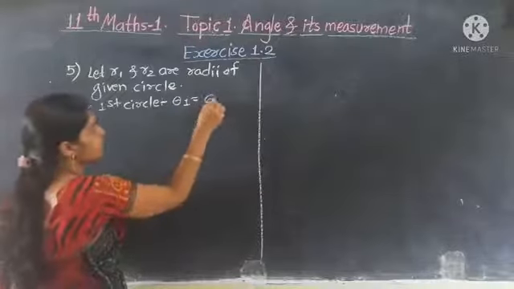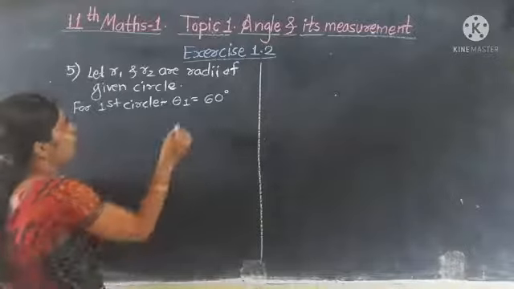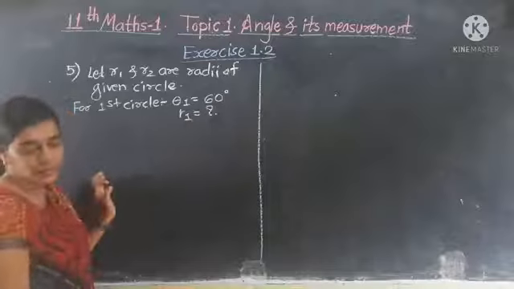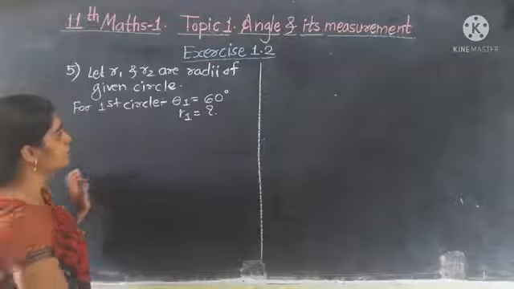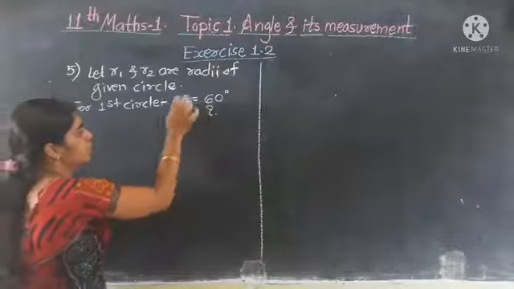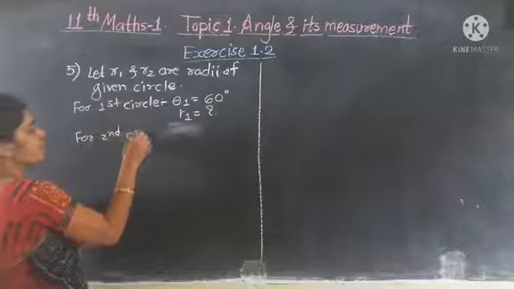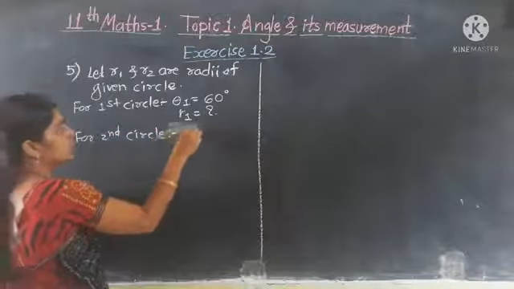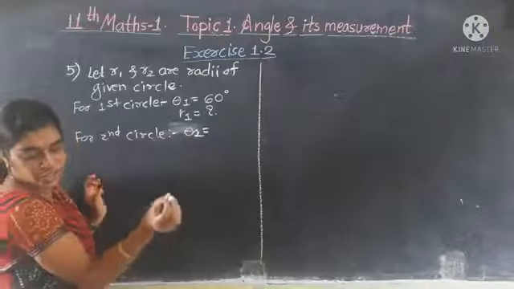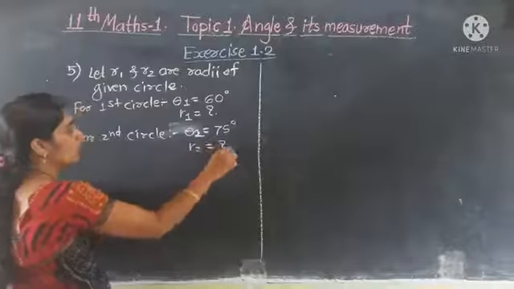Theta 1 is 60 degree. Okay. And radius we suppose R1. Radius we have to find. Arc is same, S1. For second circle, we suppose theta as theta 2, which is given 75 degree. R2 we have to find, okay?